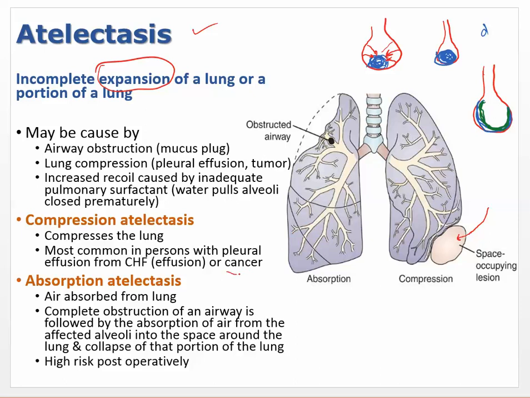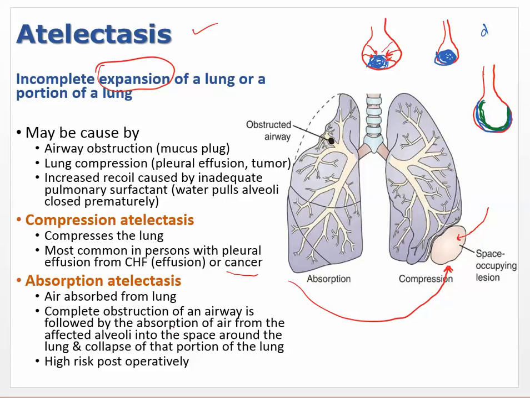Cancer is the other example we have here, which you can imagine is a cancerous tumor pushing on the lung. There's also absorption atelectasis, so that's air absorbed from the lung. We talked about that with a spontaneous pneumothorax. That's air that's moving from inside the lung and getting out here, and it's not going to let the lung expand.